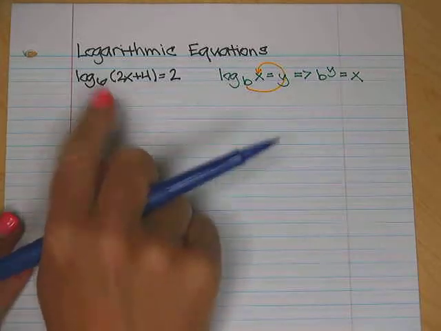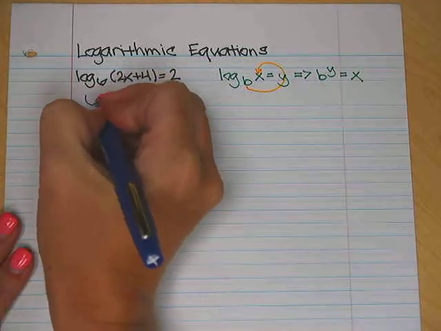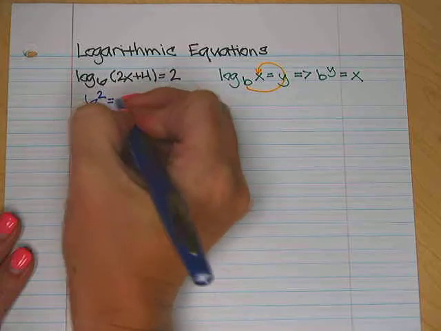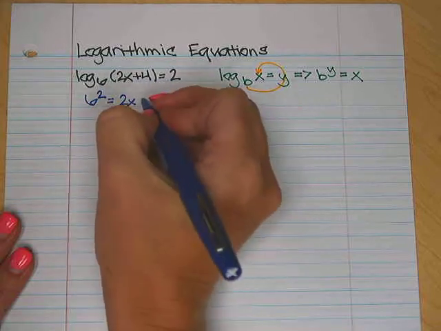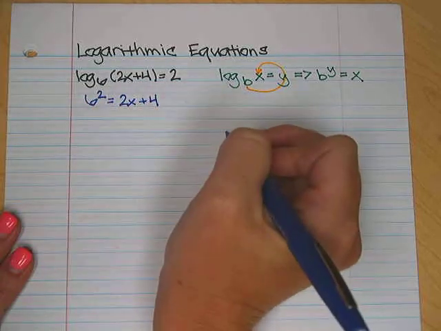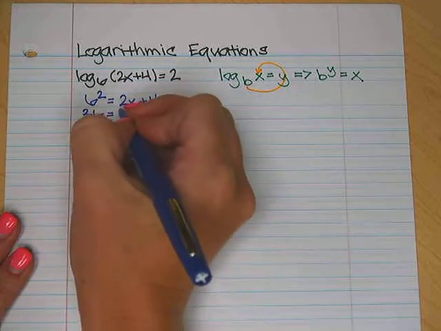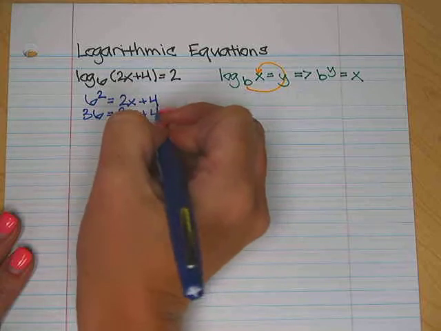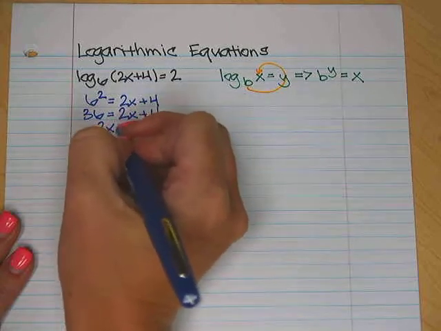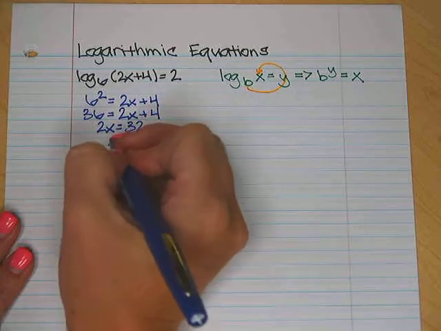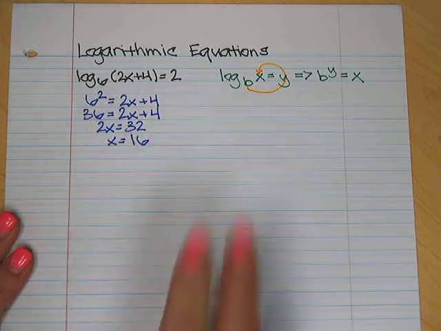So if we use that for this problem, this becomes 6 squared is 2x plus 4. So now I'm just solving that equation. 36 is 2x plus 4. So 2x is 32 and x is 16.